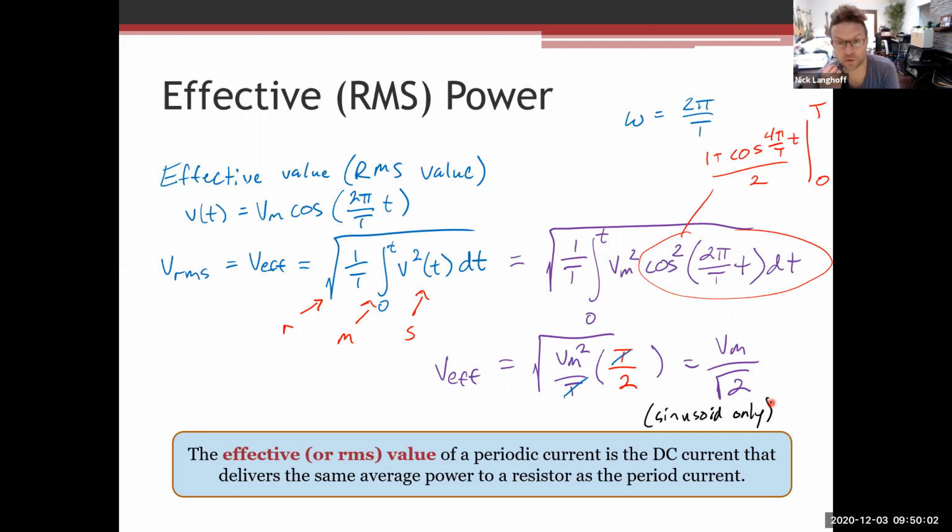And certainly the one from my voice does, because it's not very periodic. It's changing all the time. It's just ever dynamic. But even periodic functions like a periodic square wave or a triangular wave or some other function are going to have different RMS values. So for this one, it is Vmax over the square root of 2.